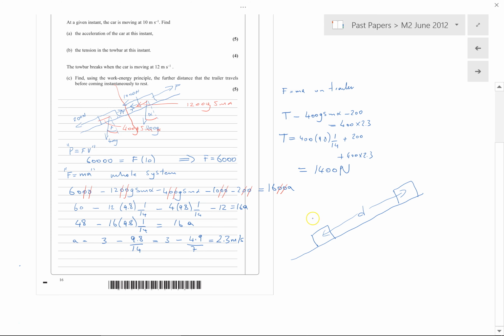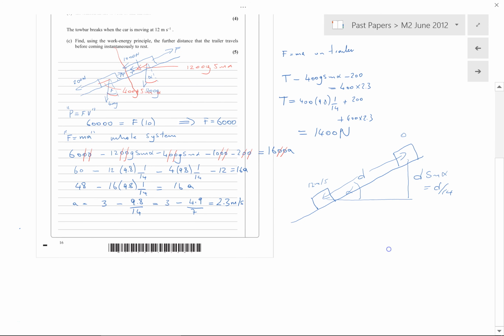The velocity here obviously is 12 meters per second. The velocity here is 0, and the height it has gone above, because this is alpha, is d sine alpha, so that's d over 14, and we need that to work out our gravitational potential energy. So let's get on with it.